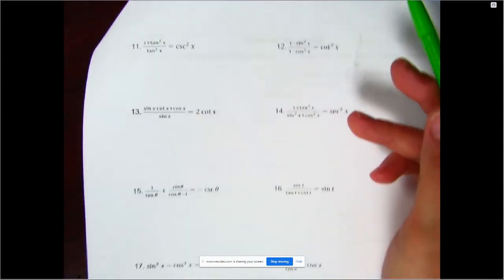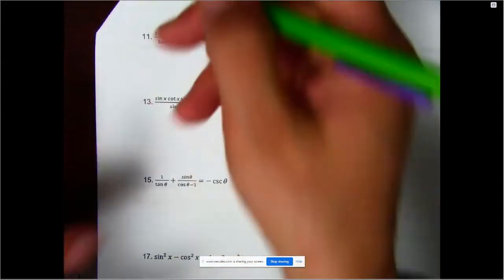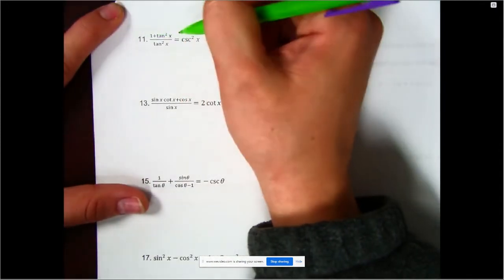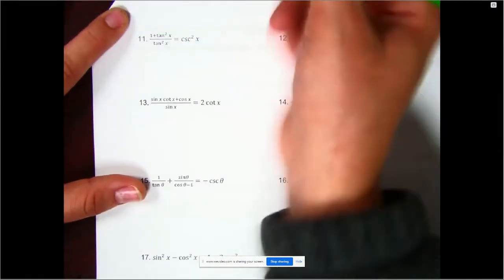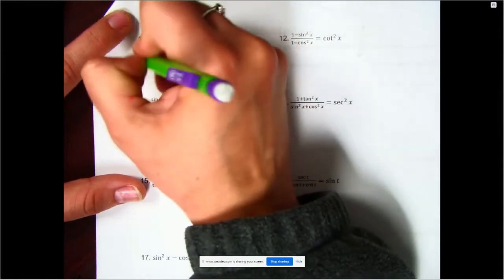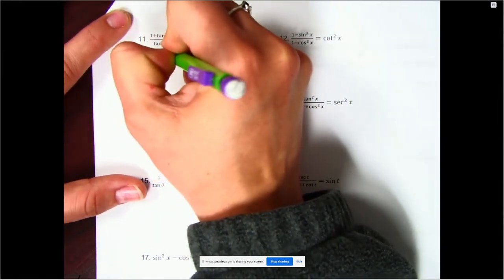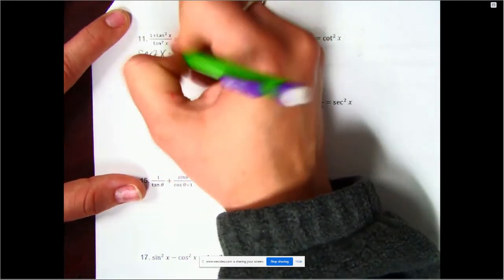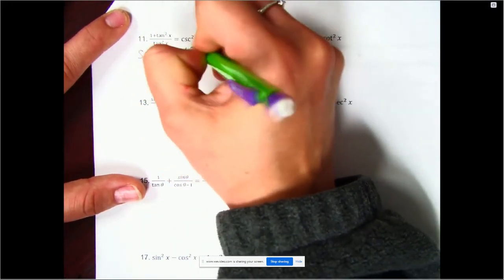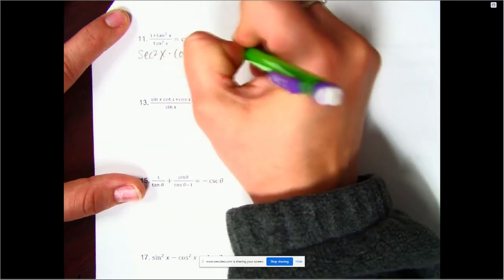Okay, number 11, that numerator, I see a Pythagorean identity. 1 plus tangent squared is secant squared. I'll go ahead and change 1 over tangent squared into cotangent squared, so we can do 2 things at once there.